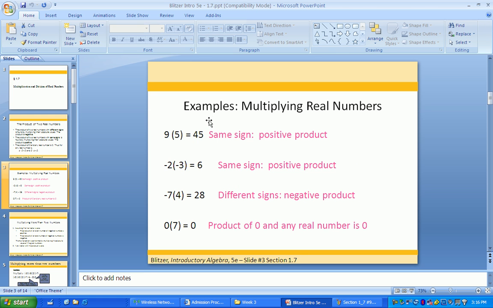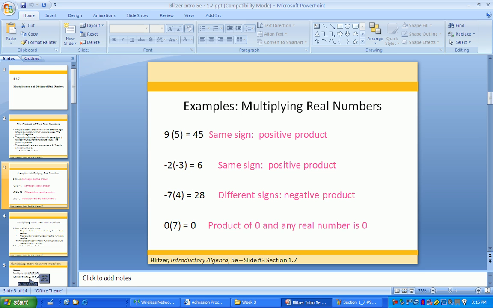Here's some simple examples. We see we have a positive 5 times a positive 5. They have the same sign, right? Both positive. They equal positive 45. We have a negative 2 times a negative 3. They have the same sign, both negative. The product is equal to a positive 6. Like I said, two negatives equal a positive.